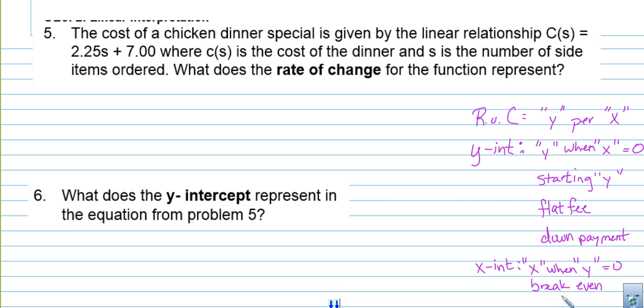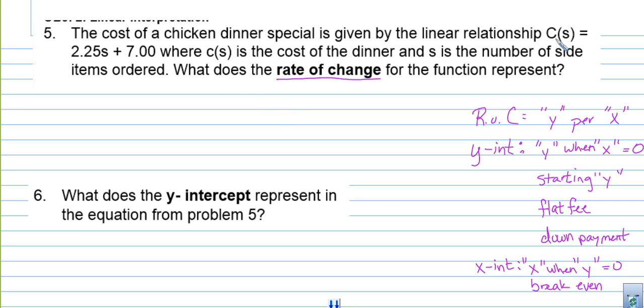So let's look at question number 5. It gives us this nice long word problem about chicken dinner specials, okay? And it asks us, what does the rate of change for the function represent? So remember, that's the y per the x. Now they don't give us y's and x's. You have to go in and figure out which one's the y and which one's the x.